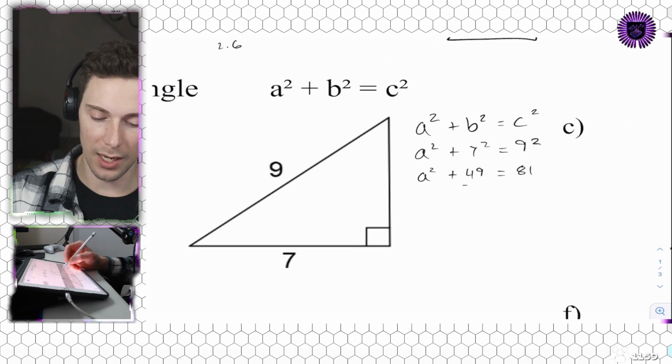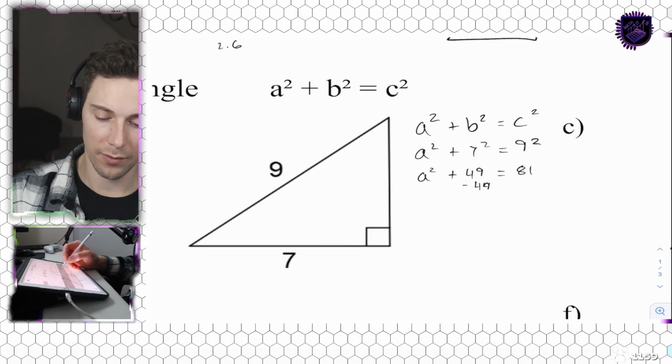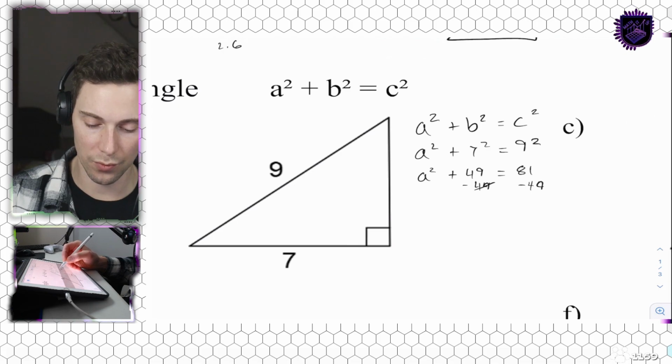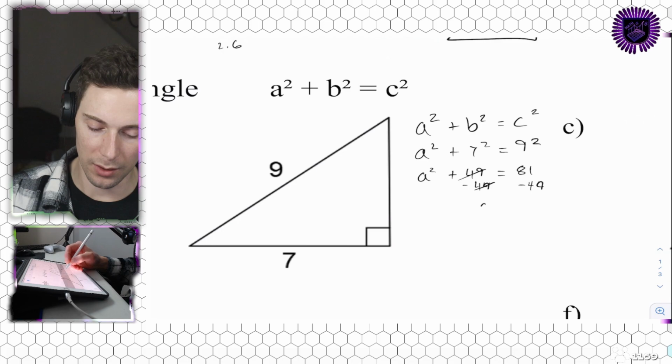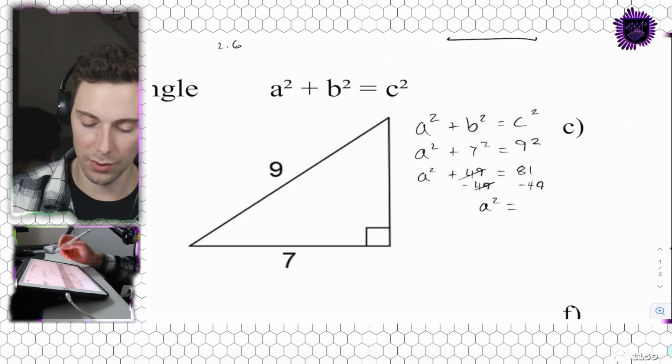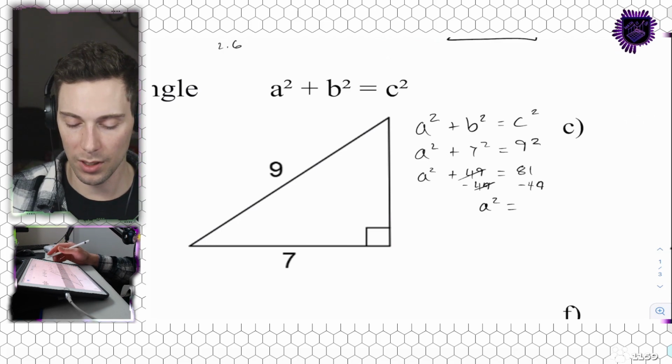Let's isolate A, subtract 49 from both sides. On this side, it leaves us with just 0 and leaves us with A squared is equal to 32.